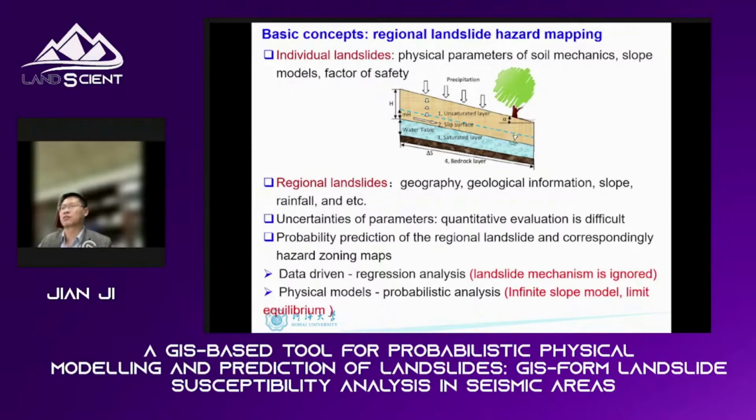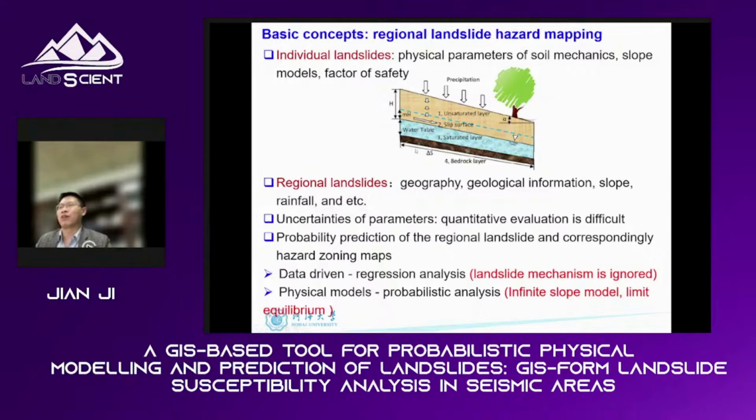That is a very important topic in geotechnical engineering, and we have a lot of methods to do slope stability analysis, like limit equilibrium analysis, finite element analysis, and others.